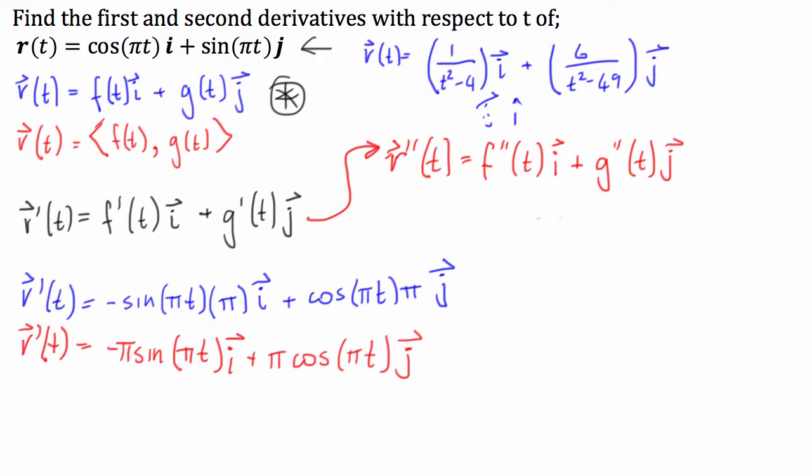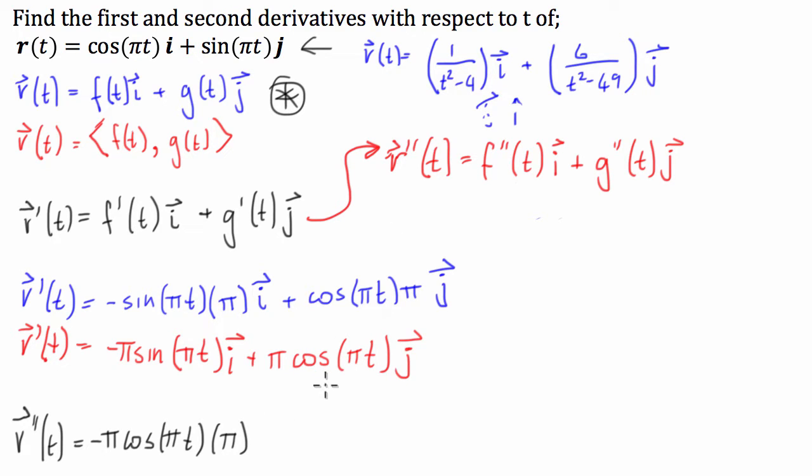So bring it down to our question. We're going to have to just differentiate this part. Again, the derivative of sine is cosine. So the double derivative, r double dash of t, is equal to negative pi, because we can just put that out the front, times the derivative of sine, which is cosine of pi t, multiplied by the derivative of the inside, which we know is just pi.